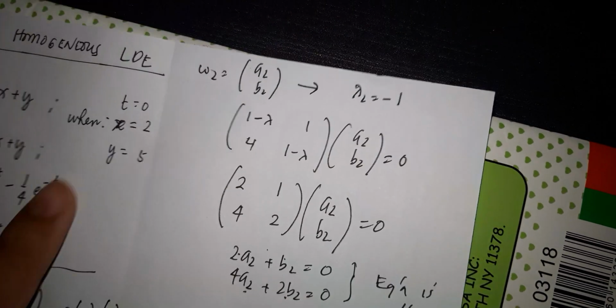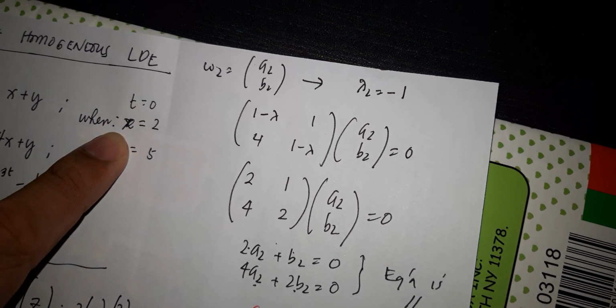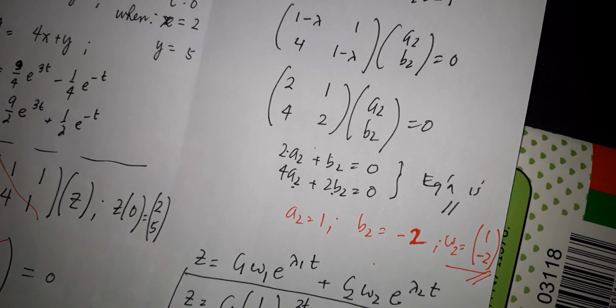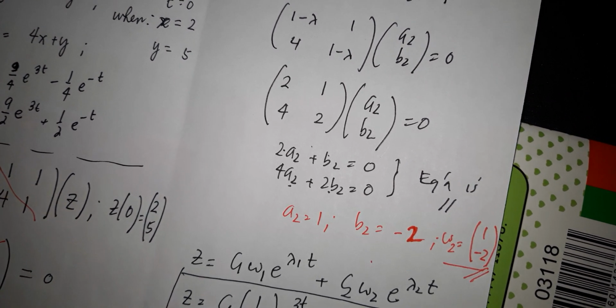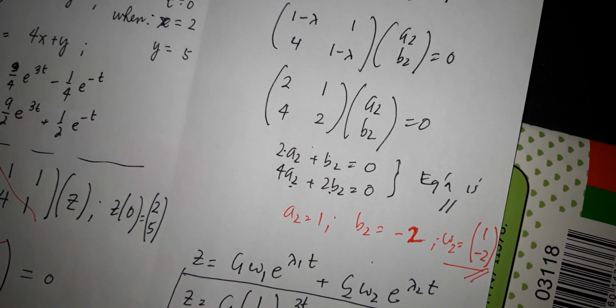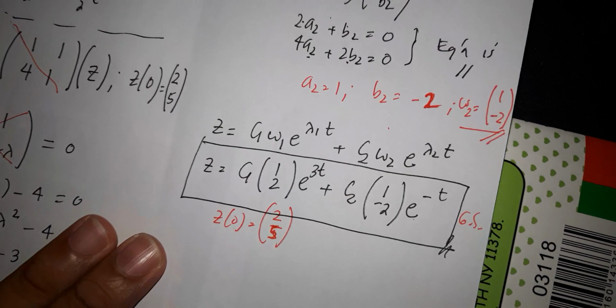But then again, we have an initial condition that when t is 0, x is 2, y is 5. Z of 0 is 2, 5. Let's substitute.